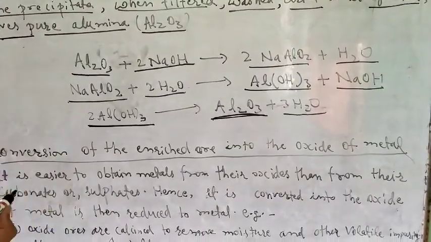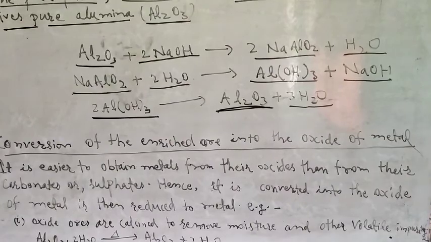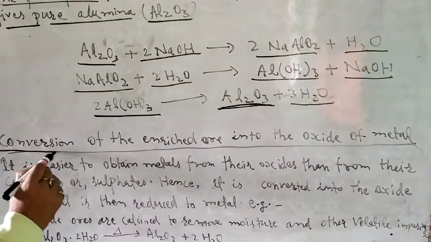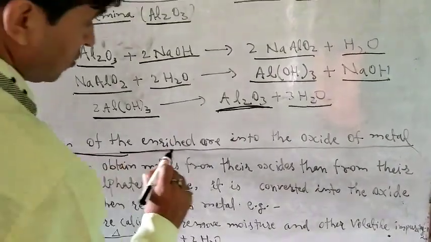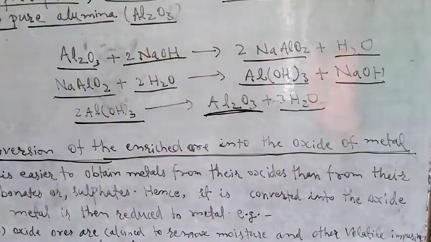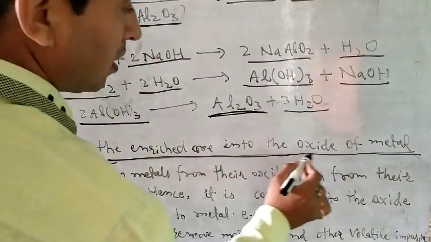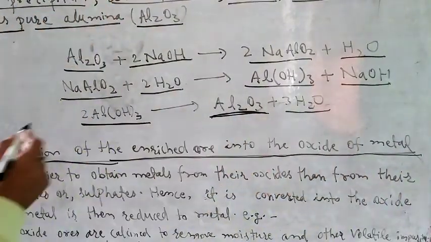Now we have seen the enrichment of ore. The next process is that the enriched ore is converted into oxides of metal. Conversion of the enriched ore into the oxides of metal.